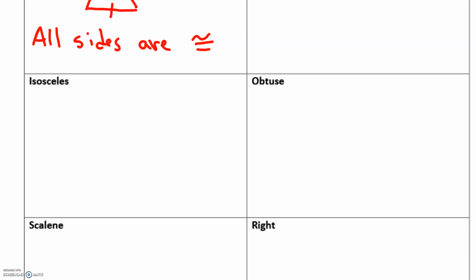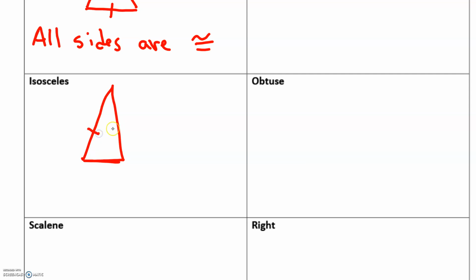Okay, the next section I want you to label isosceles, and I'm going to spell it for you because it is a really hard word to spell. It is spelled Isosceles. An isosceles triangle has at least 2 sides that are the same measure.